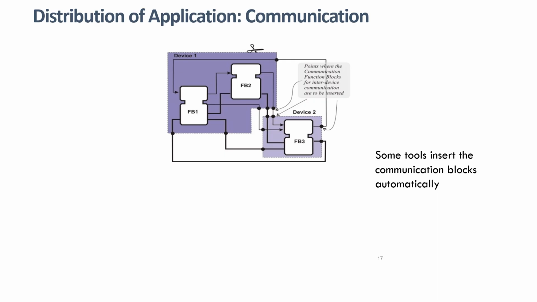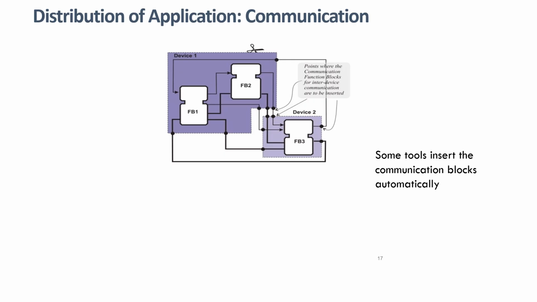This process of mapping can be seen as follows. Imagine that we have an application that consists of 3 function blocks, and we want to map this application onto 2 devices.